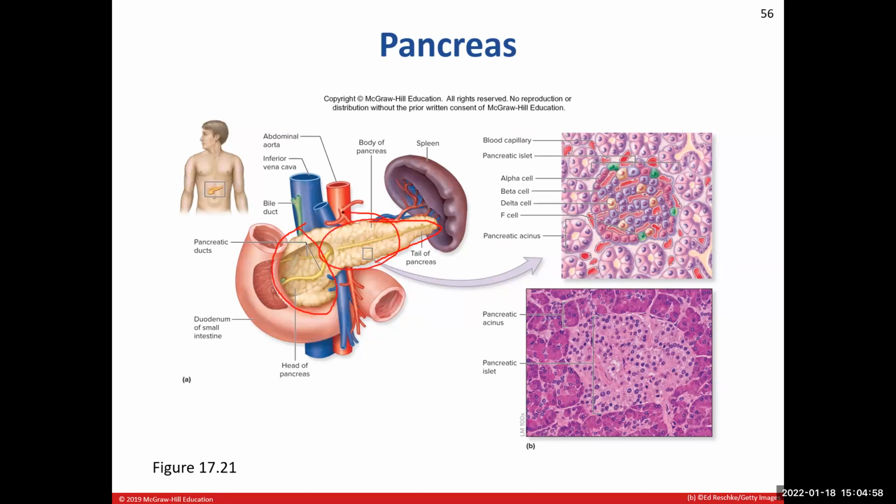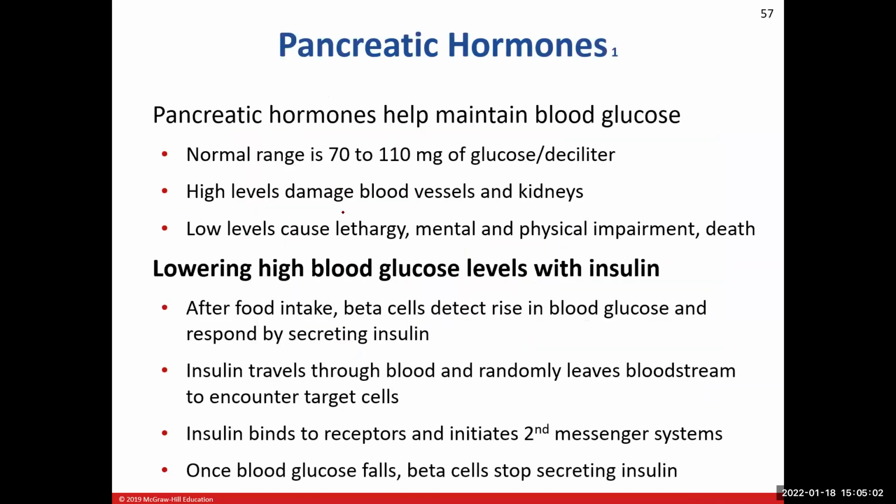All right. So keep in mind what we're looking at here when we're looking at the pancreas, those two cell groups, the acinar cell groups, and then the pancreatic islets or the islets of Langerhans. So let's talk about the importance of how the pancreas is going to maintain the amount of glucose in your blood.